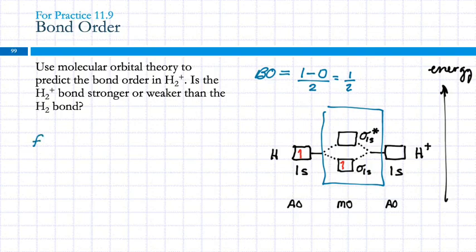Earlier we looked at H2. For H2, the bond order was 1. For H2+, the bond order is 1/2. Is the H2+ stronger or weaker? Yeah, it's weaker. This is lower than this.